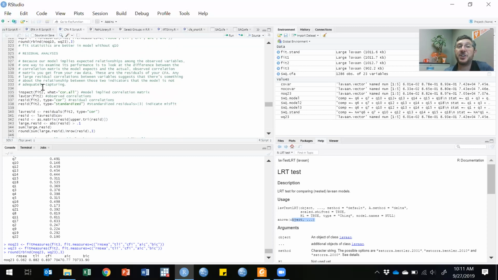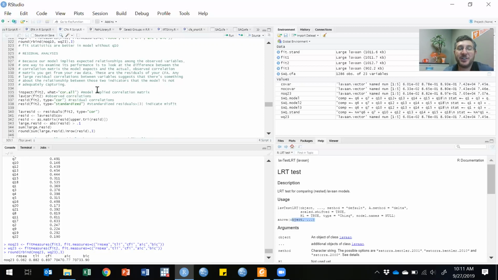Another thing we can do besides just looking at the model fit and modification indices is we can inspect the correlation residuals, basically doing a residual analysis similar to what we did in the EFA.